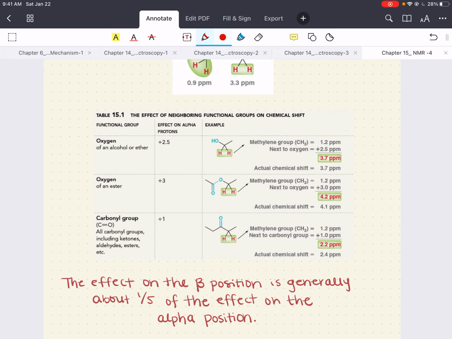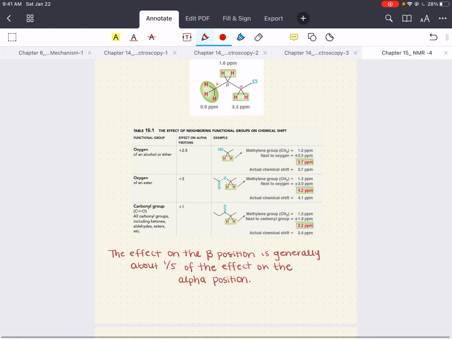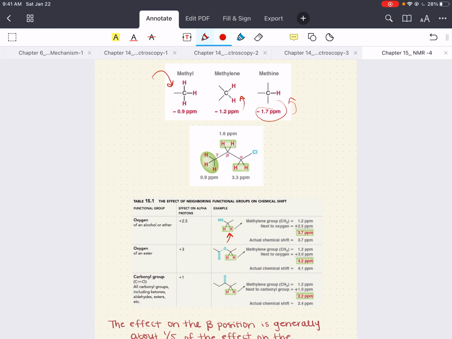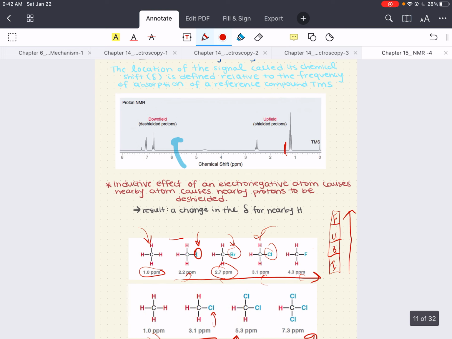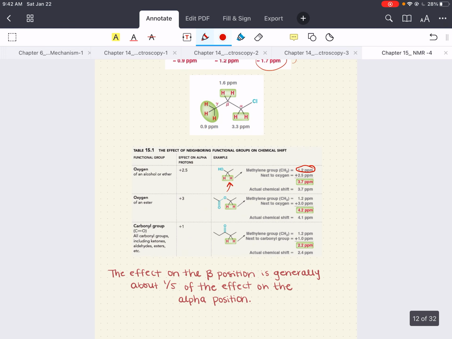So what that means here is if you have this methylene group right here, a carbon with 2 hydrogens, you might say, oh, we know a methylene group is going to show up on our NMR spectra at like 1.2. Well, hold your horses. Is it next to any groups that's going to cause a shift in that signal?